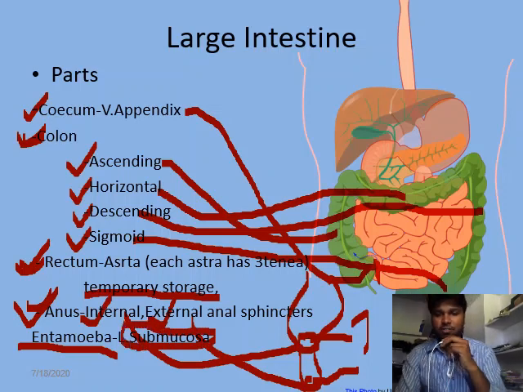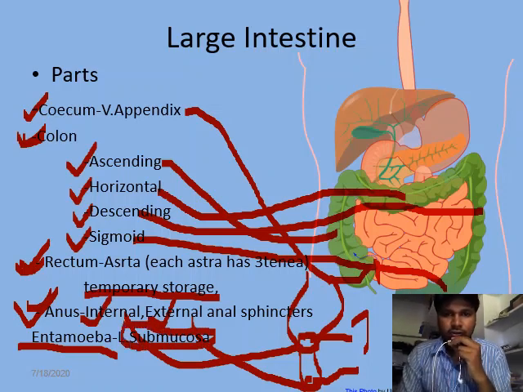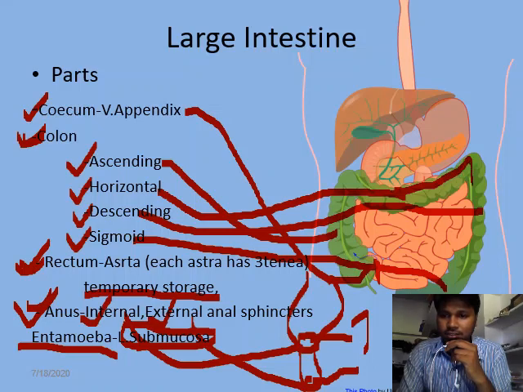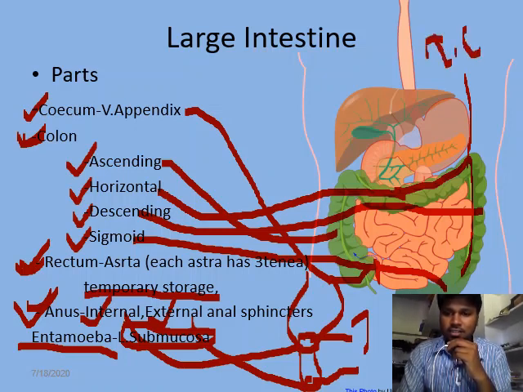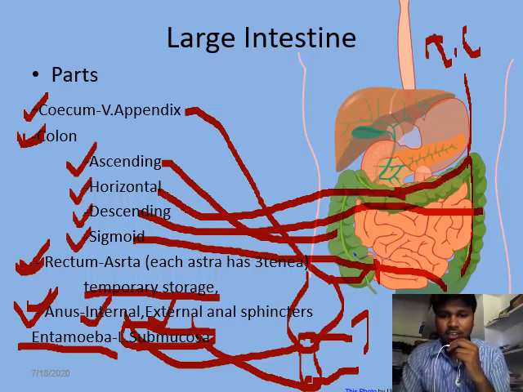If you see the structure of the large intestine, you are able to find a strip-like structure, a ribbon-like structure all over its surface, isn't it? This ribbon-like structure is called taenia coli.